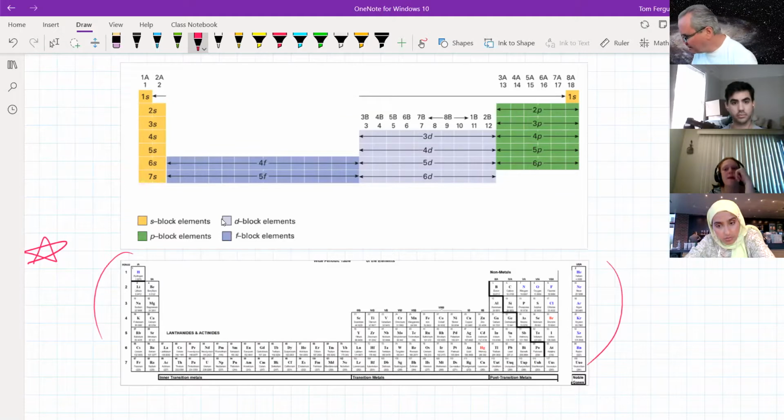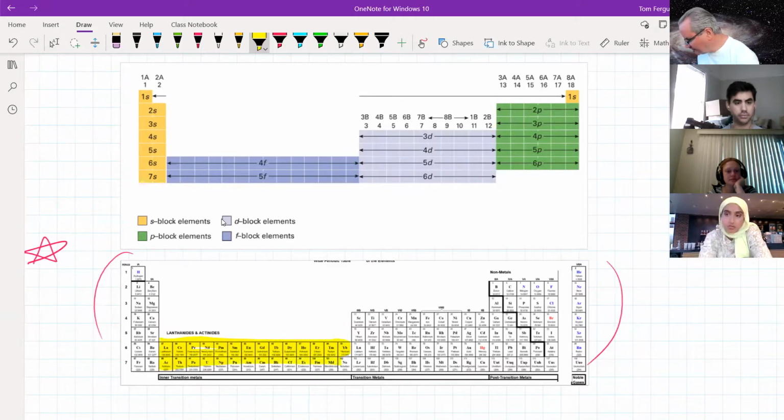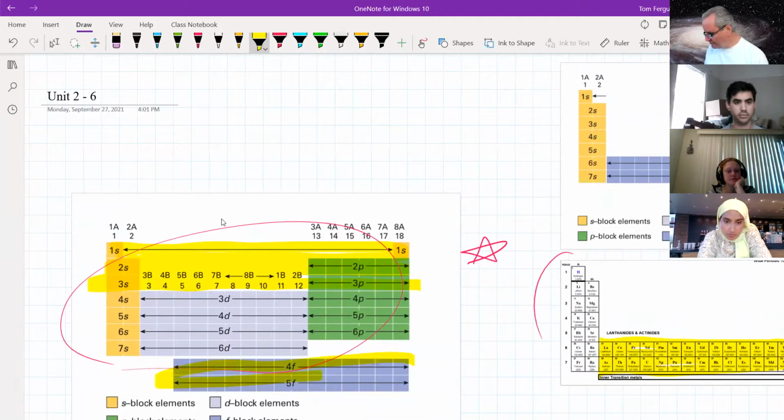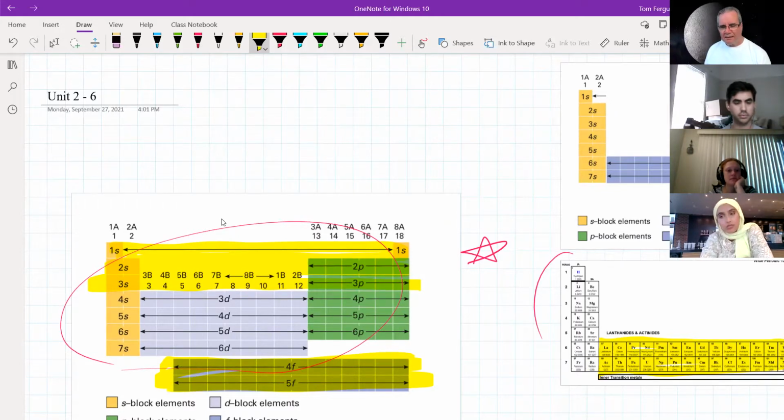So what they've done from a publishing standpoint is they've taken these guys and moved them down to here, because a lot of the chemistry discussions focus around the upper one, not the ones down here.